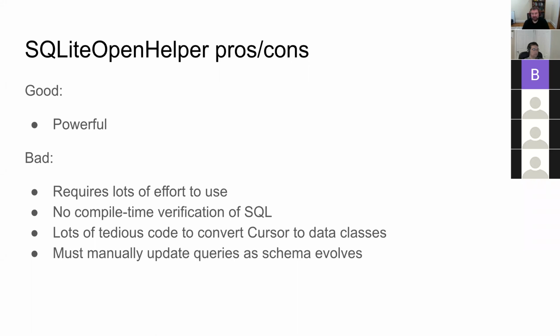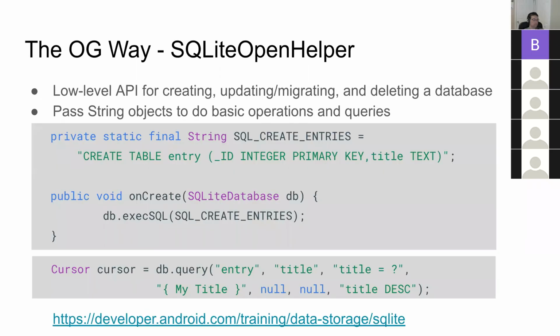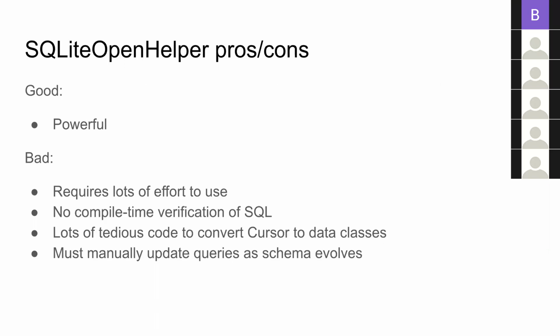And then when you get what you get back, if we look back, we're getting a cursor back, which allows us to go move forward and back, reset, et cetera, the data set, and look through the rows that are in the return data. But if we really want to do anything with that cursor, you've got to convert that into your POJOs, your model objects, in your app.